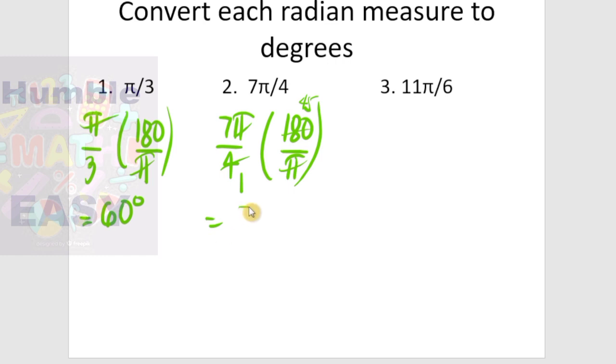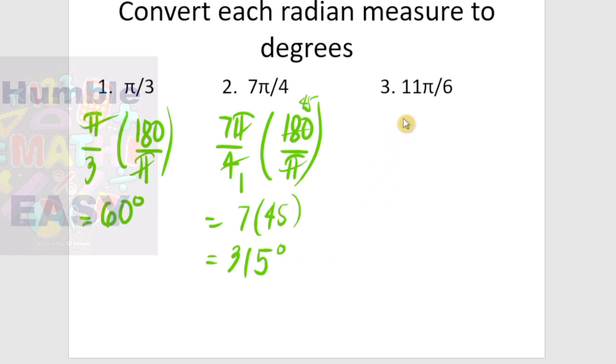So we have 7 times 45, which is 315 degrees. The equivalent value of 7 pi over 4 is 315 degrees.